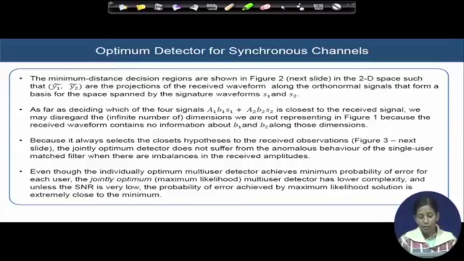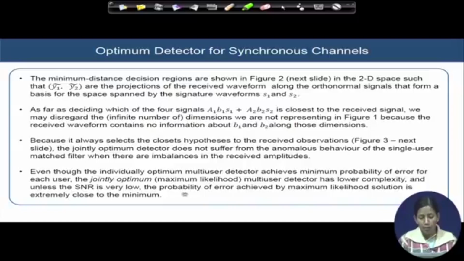But remember one thing: if I compare the individually optimum multi-user detector and the jointly optimum multi-user detector, the first one, the individually optimum multi-user detector, achieves the minimum error probability for each user.